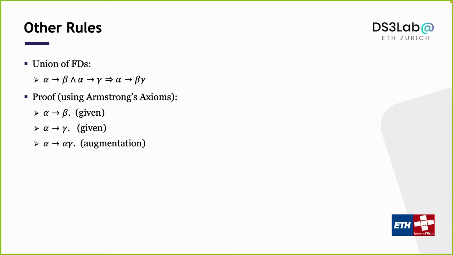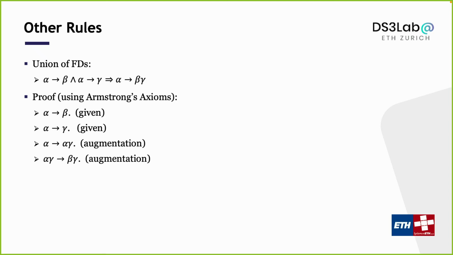I can do, for example, augmentation. I can take the second rule and add alpha to the left-hand side and to the right-hand side. Then I have alpha also decides alpha union gamma. And then I can do the augmentation for the first rule.